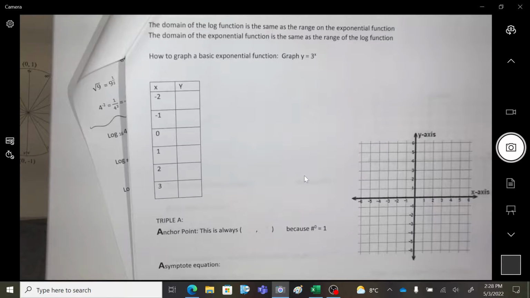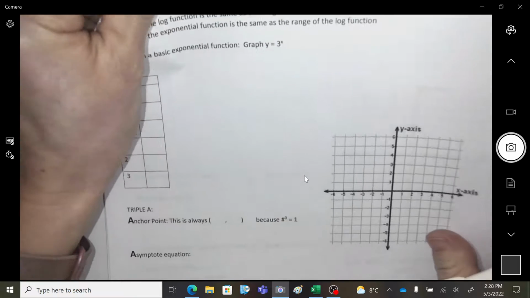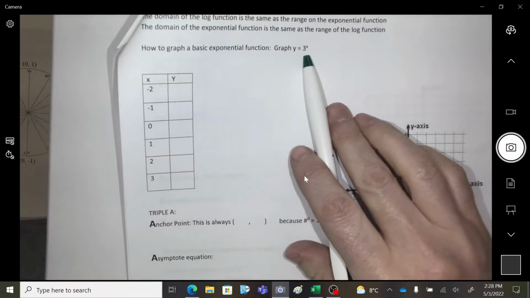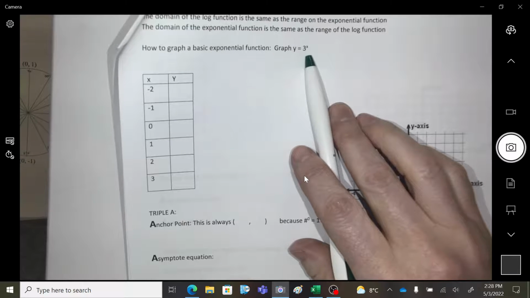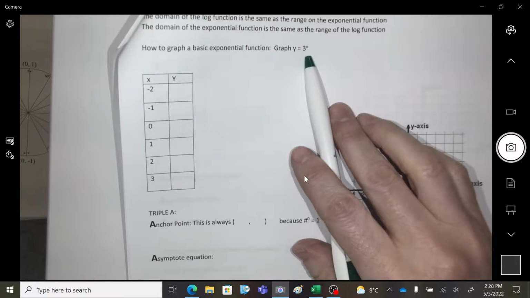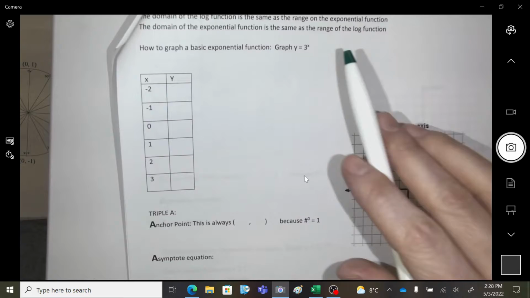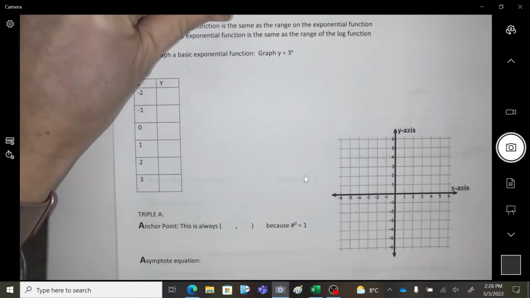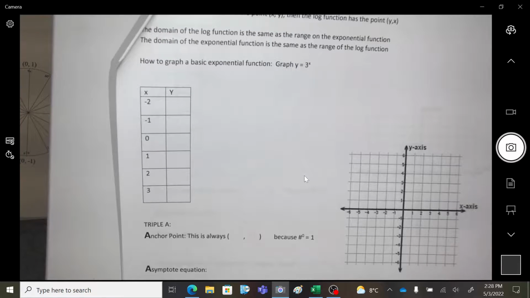Okay, let's start graphing. We're going to graph y equals 3 to the x. It's in our notes, on the second page, graphing. We're going to graph exponentials to start.